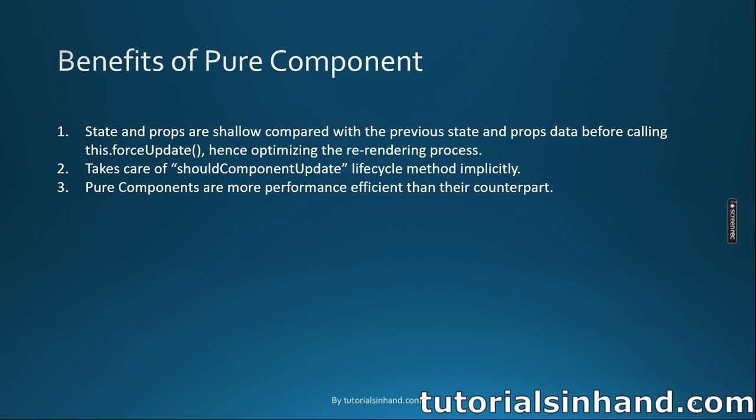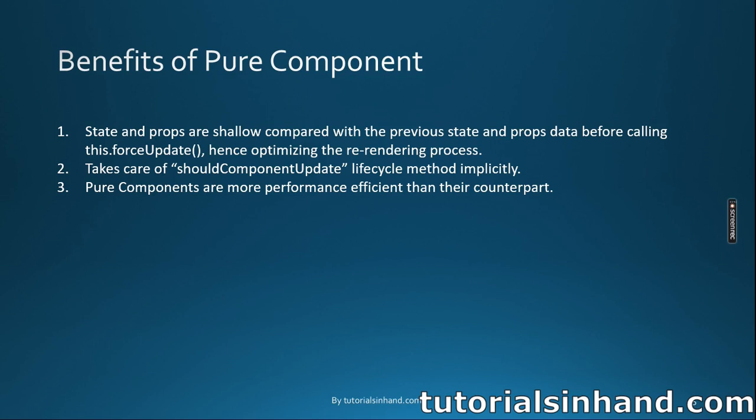Basically what happens, the pure component compares the current props with the previous props, and the current state with the previous state. If they are different, then only this .force update is called. Otherwise it is not called, hence your component is not re-rendered, which leads to optimization.